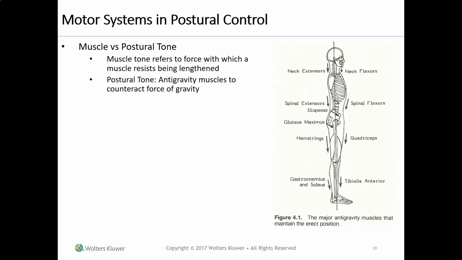That should keep you in a nice upright position. Muscle tone refers to the force with which a muscle resists being lengthened, so if you have really high tone, you're not going to be able to stretch as much. Certain neurological patients have a high amount of tone.